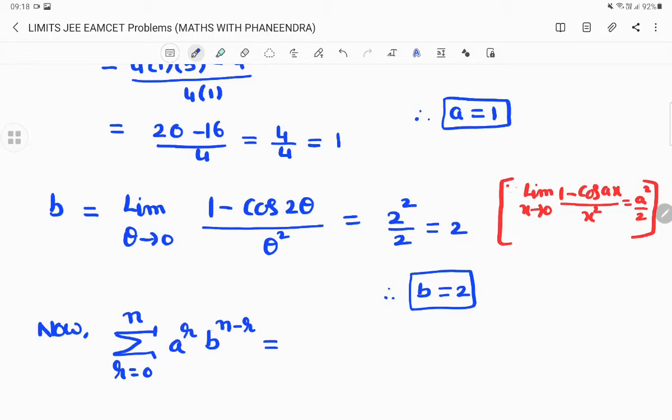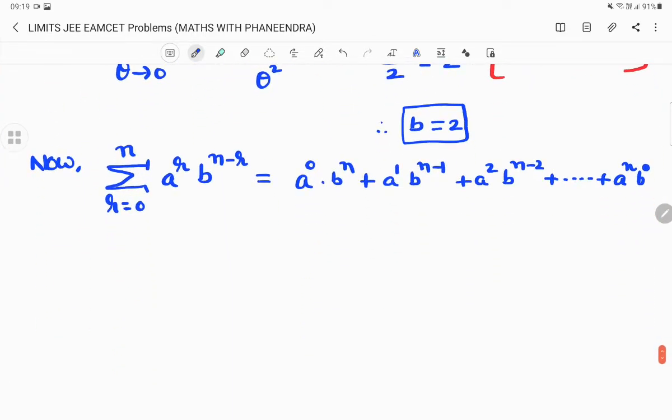So r is equal to 0, substitute there: a power 0 b power n plus a power 1 b power n minus 1, a power 2 b power n minus 2, plus and so on. a power n, b power 0 will come at last. Why? Because r is equal to n last.